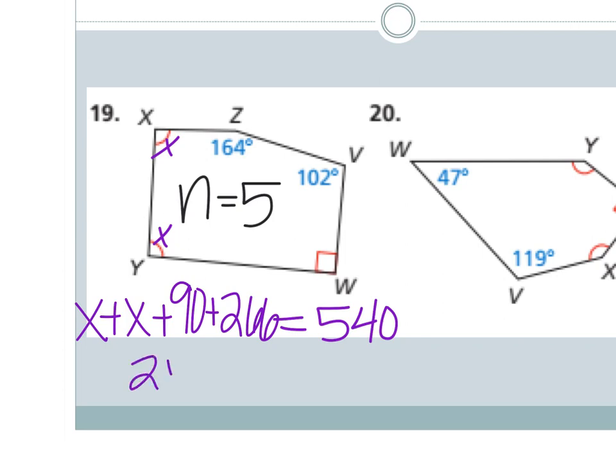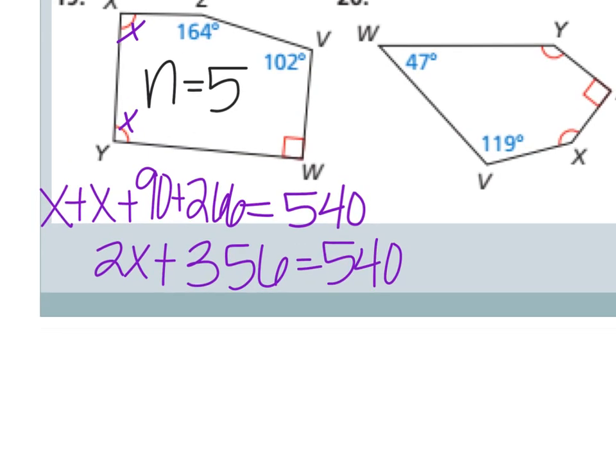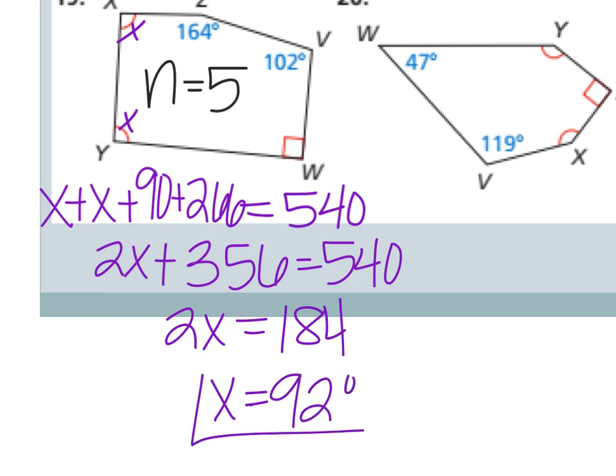Combining like terms, 2x plus 356 equals 540. Let's solve for x. Subtract 356 from both sides, and that gives us 184. So 2x equals 184. Divide both sides by 2. So x is 92 degrees.